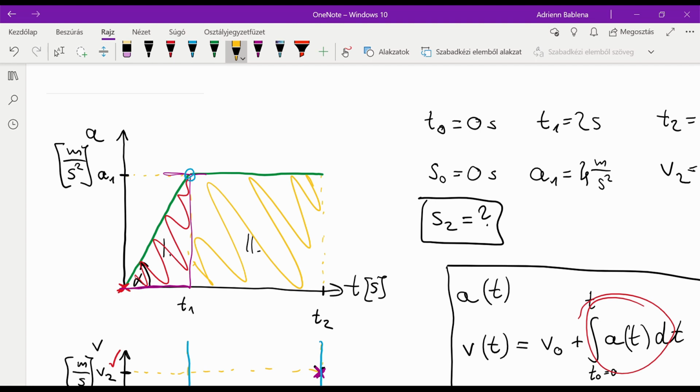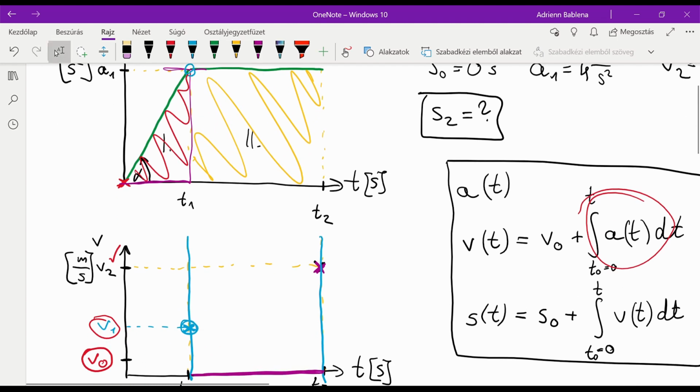So when we calculate in the first section the area of the triangle and the area of the rectangle, then we can get the value of the distance between our initial and endpoint values.